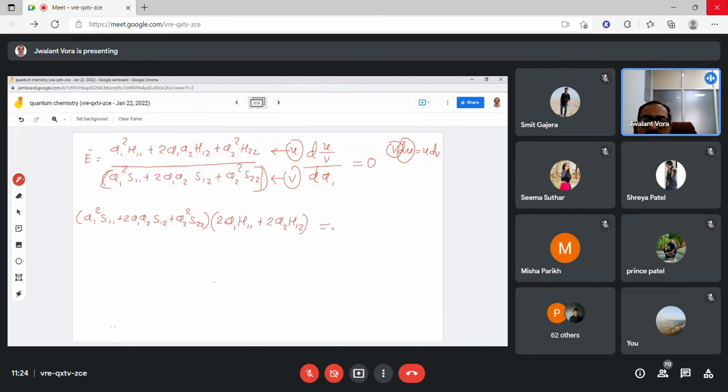This is equal to, હવે u part numerator part as it is લખું છું.